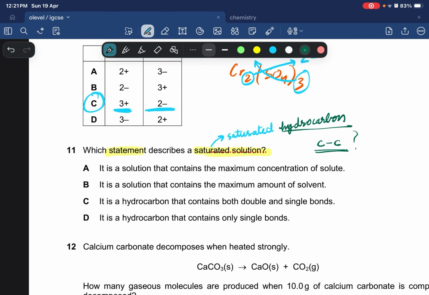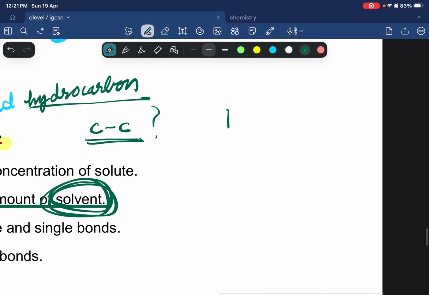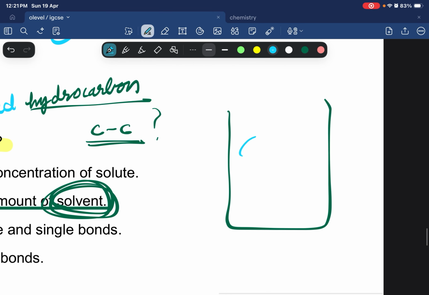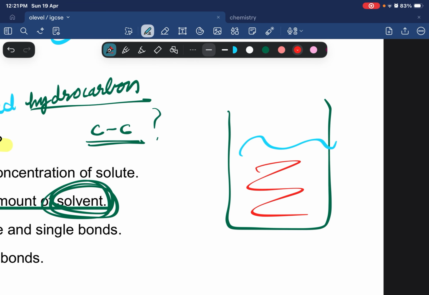It is a solution that contains the maximum concentration of solute. Yes. It is a solution that contains maximum amount of solvent. Solvent doesn't matter. Solvent is like if you have this solution and you have water in it and then you have this salt in it. Adding more salt is the solute.